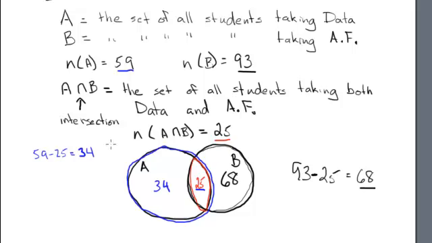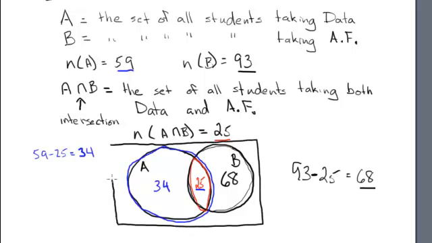Now oftentimes with a Venn diagram, you just put a box around the two sets, and this represents what we call the universal set, or S. Any students that weren't taking either advanced functions or data would go outside these circles and in this box, but we're not told any information.